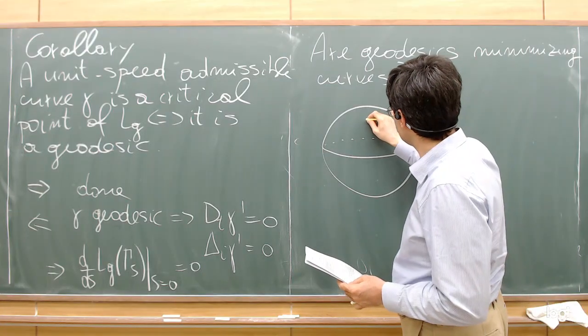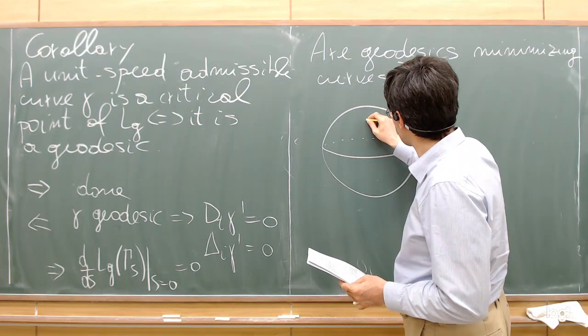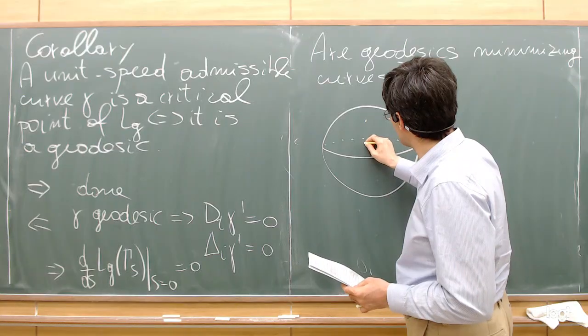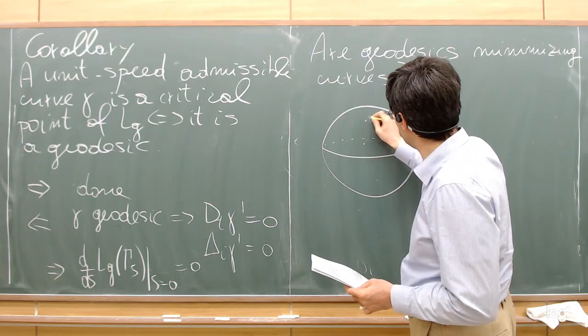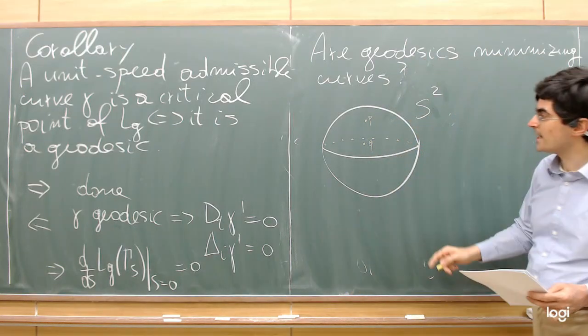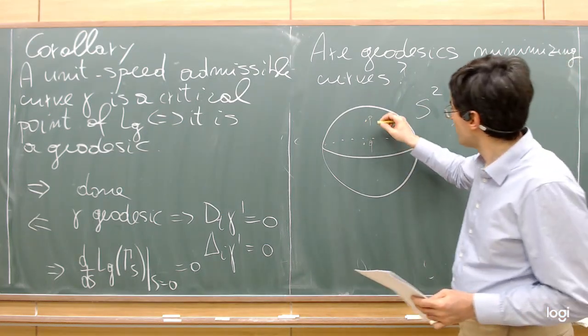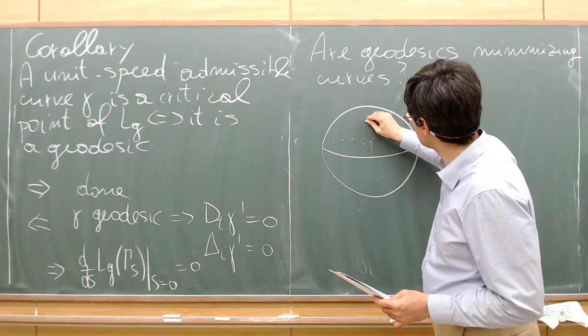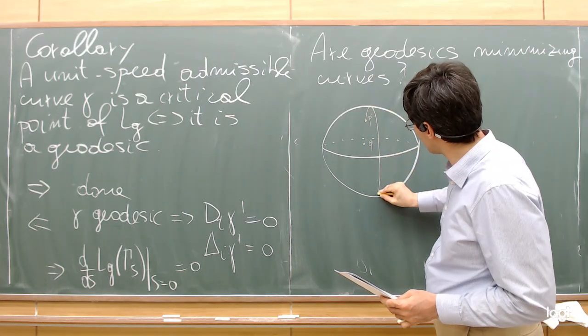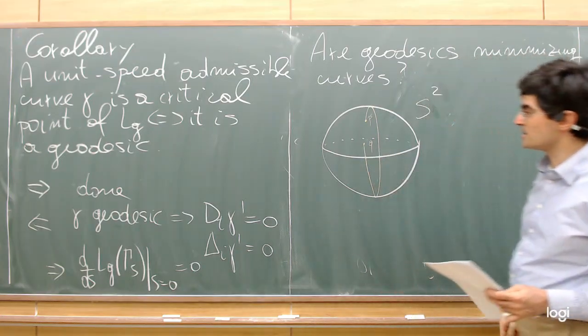So, for example, suppose that P and Q are on the same meridian, and look at this geodesic here.